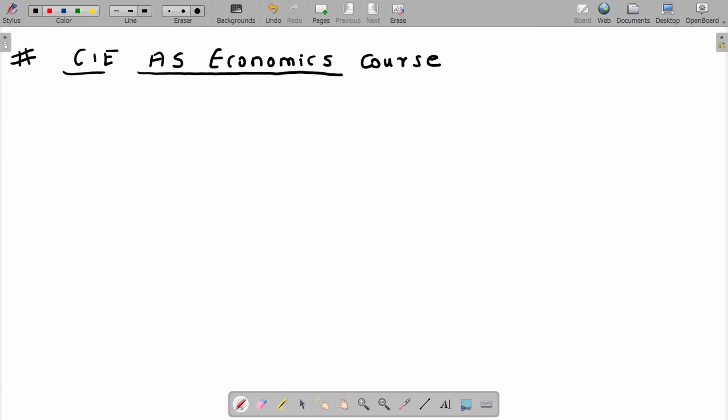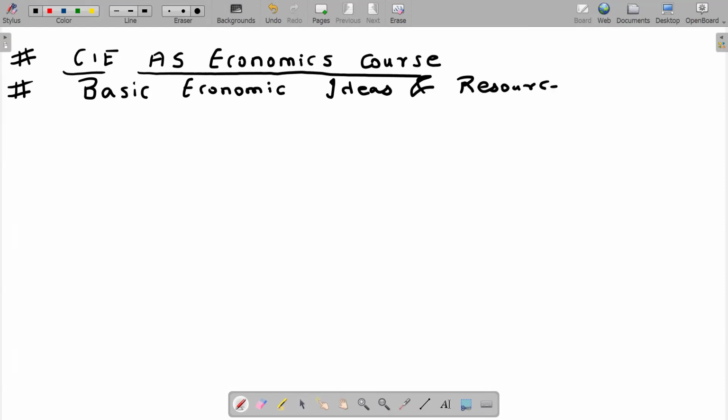In this lecture, we are going to start with the first topic within the AS Economics course. This is basic economic ideas and resource allocation.